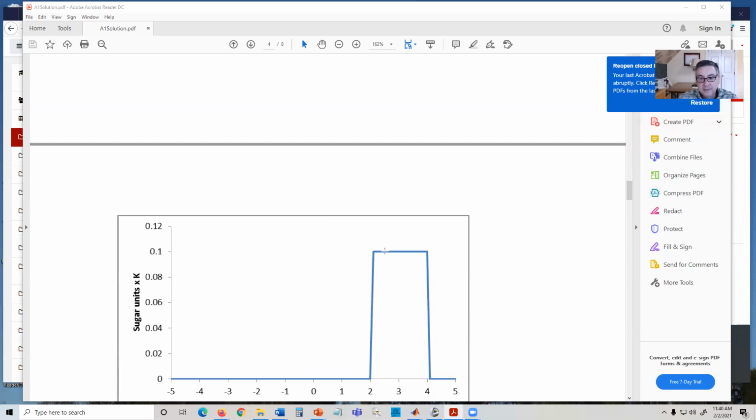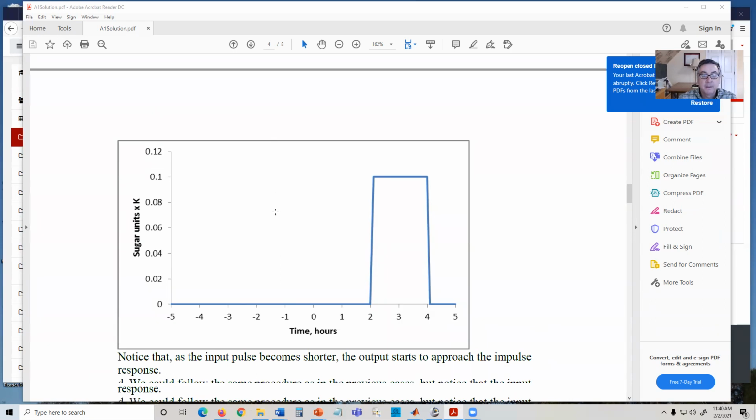And basically, we would get something like this for the very narrow pulse because only once that enters into the 2-hour window for most of that time, and then the input pulse is totally within that window. And so we get an output that looks like this.